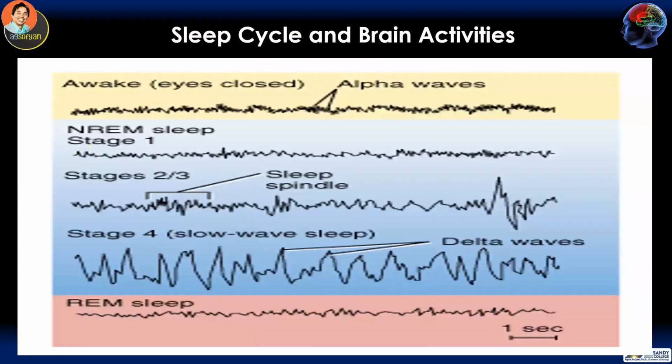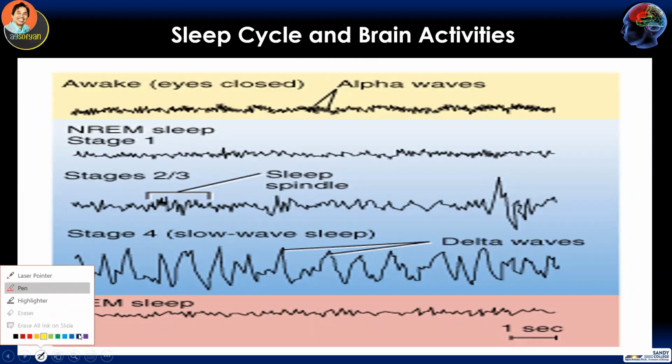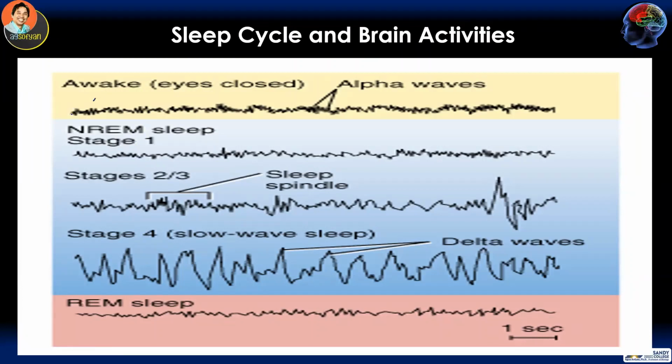Okay, this is the encephalograph, and this graph tells you the activity during sleep. This is when we are awake. If you see that this graph is very noisy, very busy, the brain is really active.